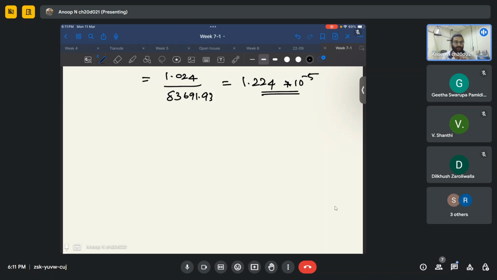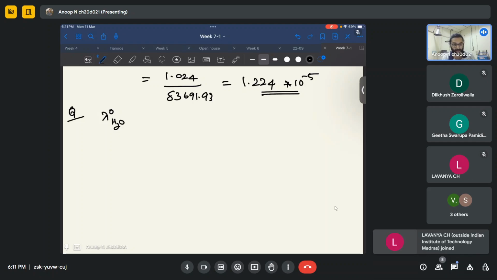So next question, we will do it as a practice one. The question is lambda 0 H2O. Lambda 0 I will write in the superscript because it is easy for representing water. I'm given a number of options.